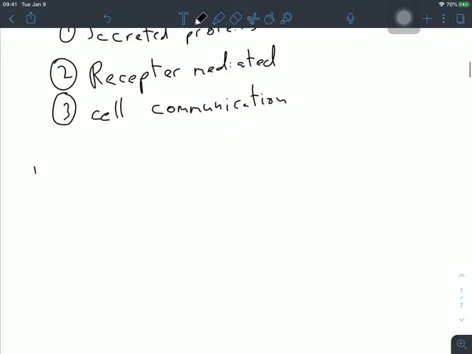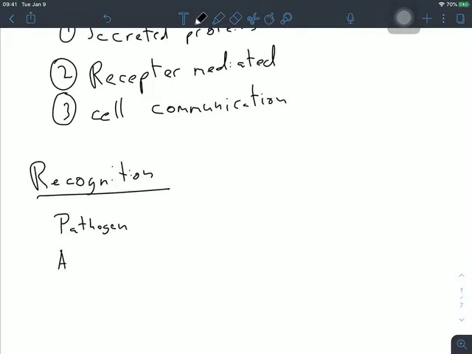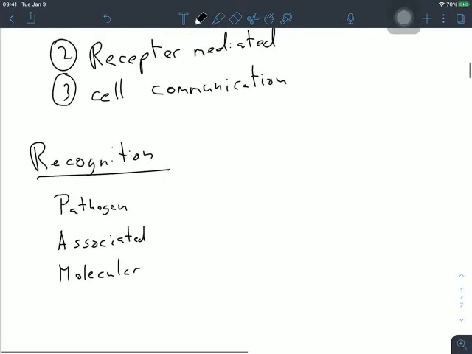That recognition of foreign bodies relies heavily on something called pathogen associated molecular patterns, or PAMP.